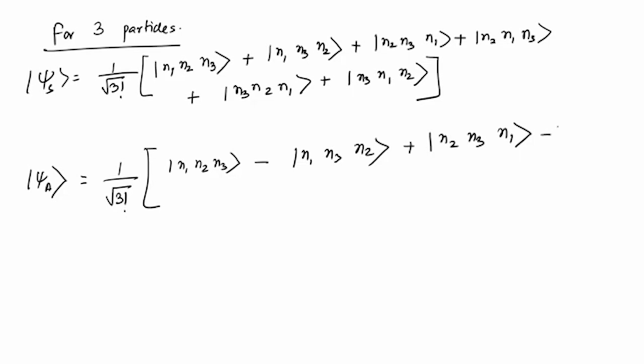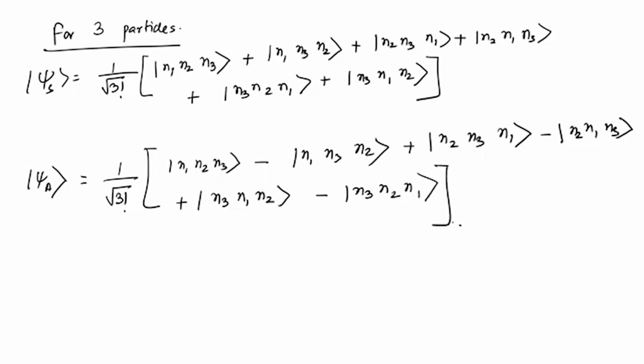Then it is a negative sign for n2 n1 n3 that has an odd number of exchanges, and plus again for even exchanges n3 n1 n2, minus n3 n2 n1, and so on. Okay.